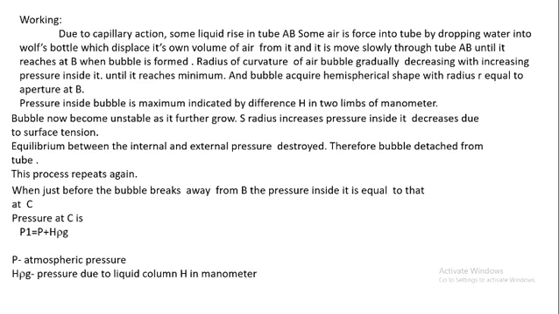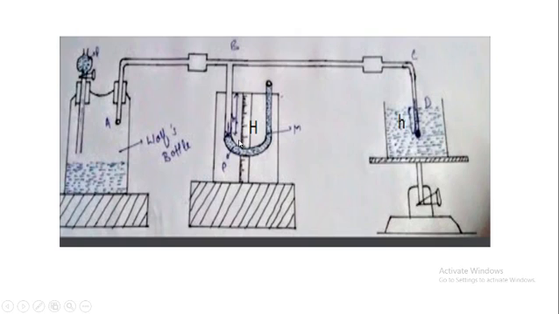Now consider just before the bubble breaks away from the point D, that is point C in our experiment. At point C the bubble breaks, and the pressure inside it is equal to the pressure at point D. So the pressure here is the same as the pressure here.